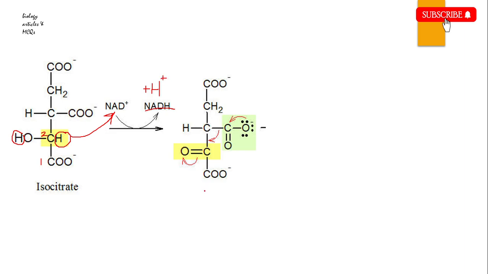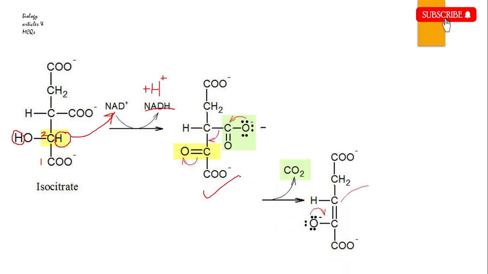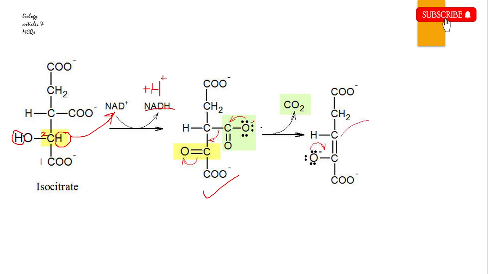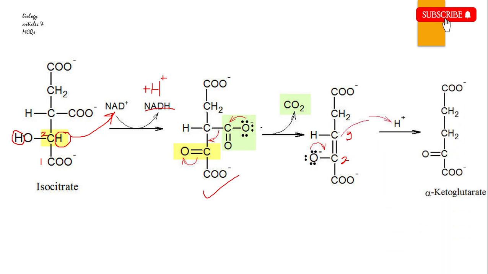Now this molecule will again lose a carbon dioxide molecule, converting it into a further product. Here you can see that there is no carbon dioxide present, and there is the formation of a double bond between carbon number 2 and carbon number 3. Next, the hydrogen ion will be removed, forming this type of molecule.